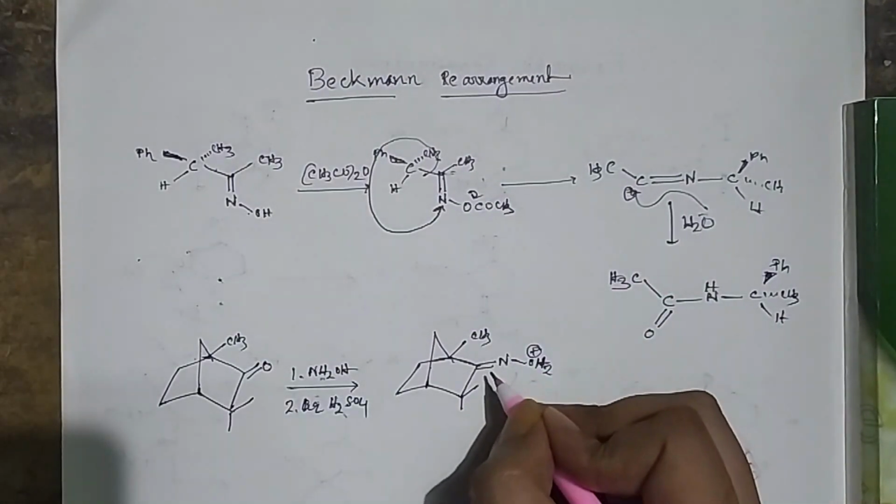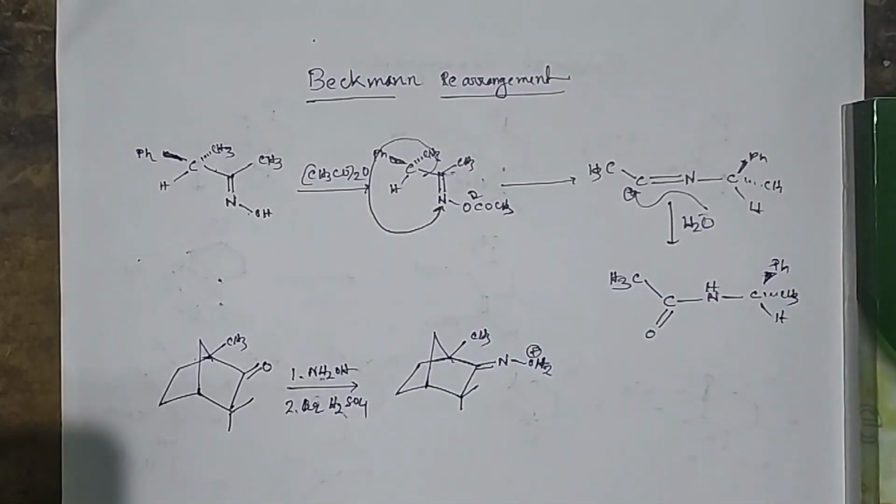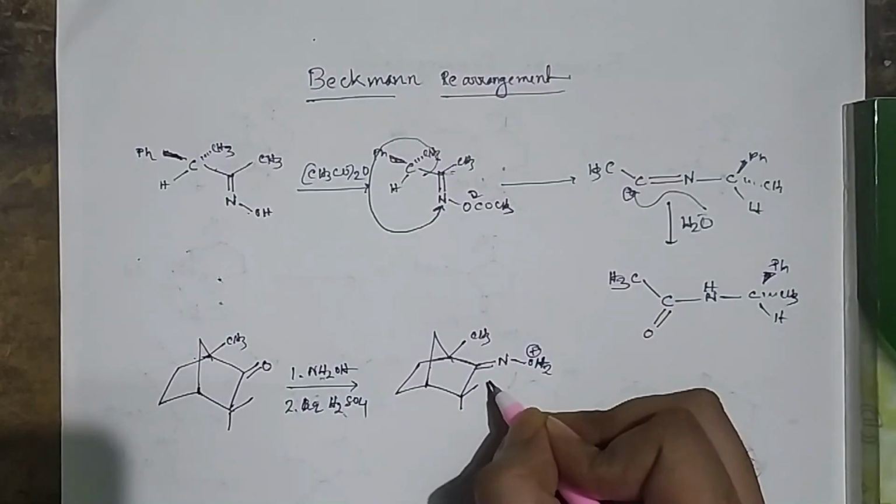So if that carbon cleaves, that will generate a 3-degree carbocation out of that. So that is very stable, so that path will be very much favored. So let's just write that intermediate.